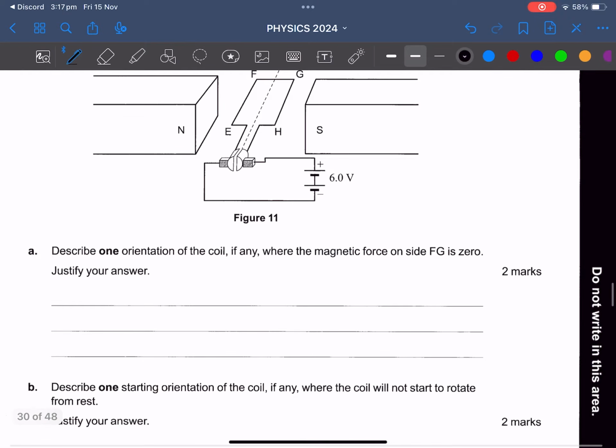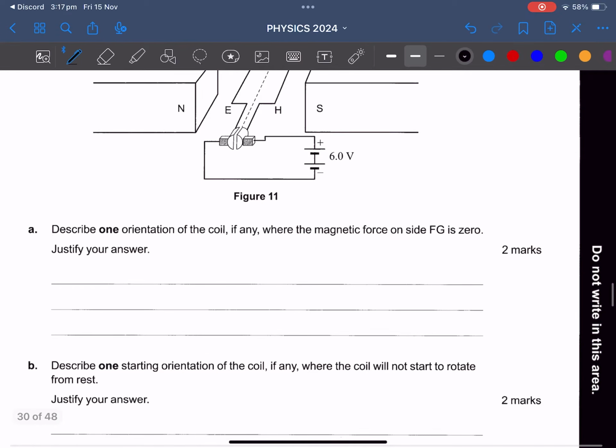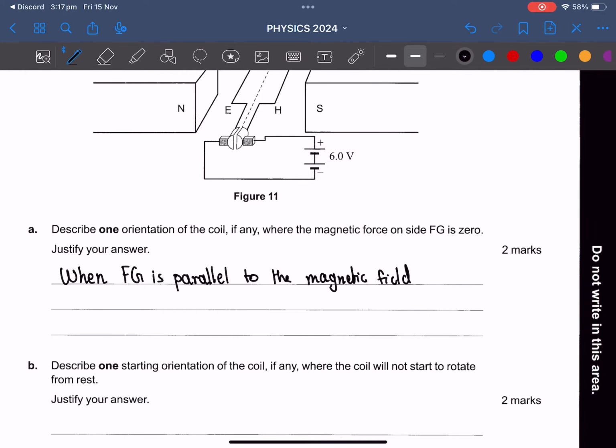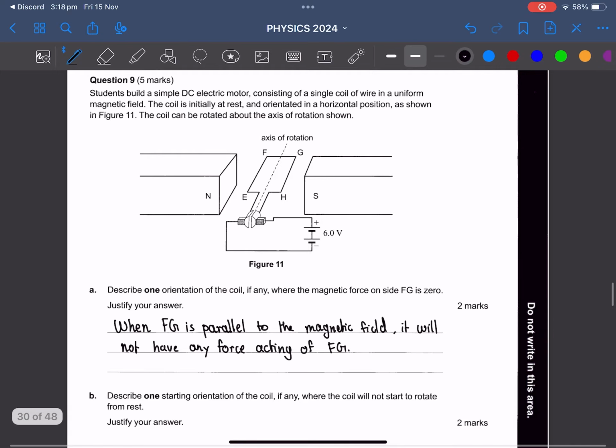So I'm just going to say that when FG is parallel to the magnetic field, it will not have any force acting on FG.